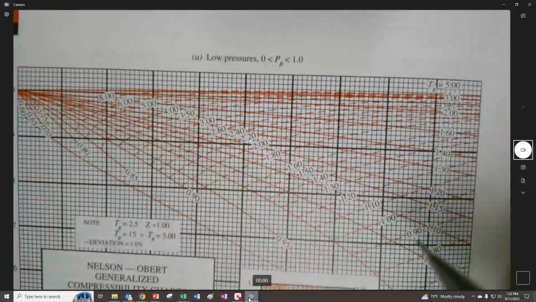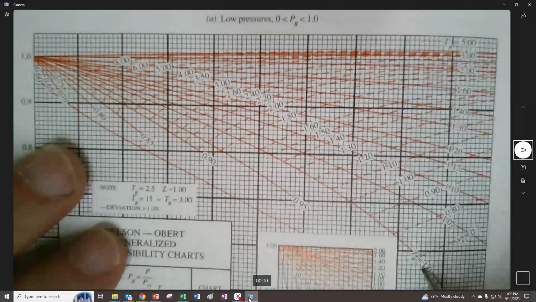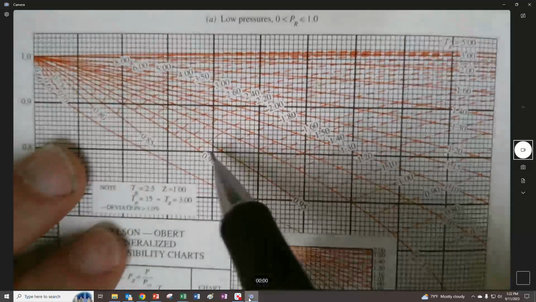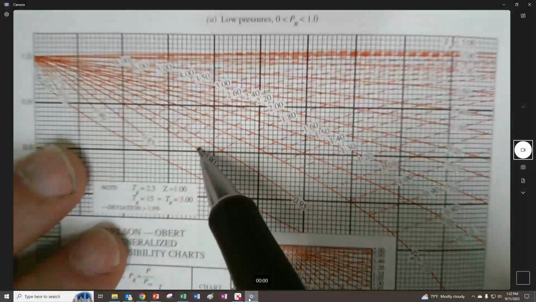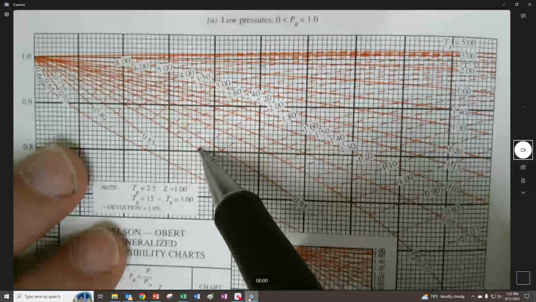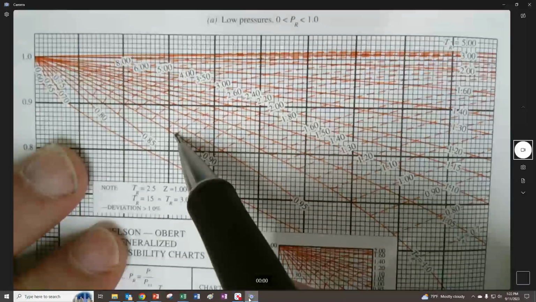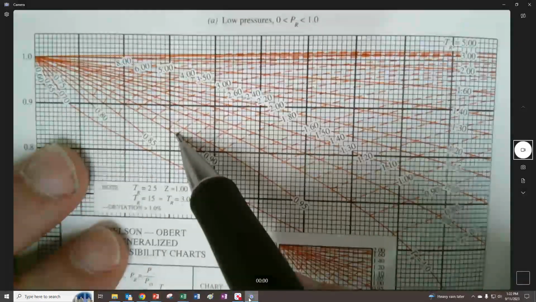So maybe we want to come back up into here. Okay, so here are our reduced temperatures, and if you follow this down right here, you can see here's reduced temperature of 1, and we needed 0.9, so here's 0.9, and then if you're following with the 2.37, here's 2.4, so here you go, right there. It's about where they're intersecting.